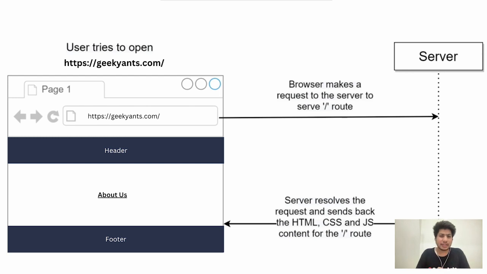But there is a problem with that. Let's say you wanted to click on this About Us button; this process is going to happen again. The request goes to the server, which evaluates it and gives you the response, and the browser displays the result.